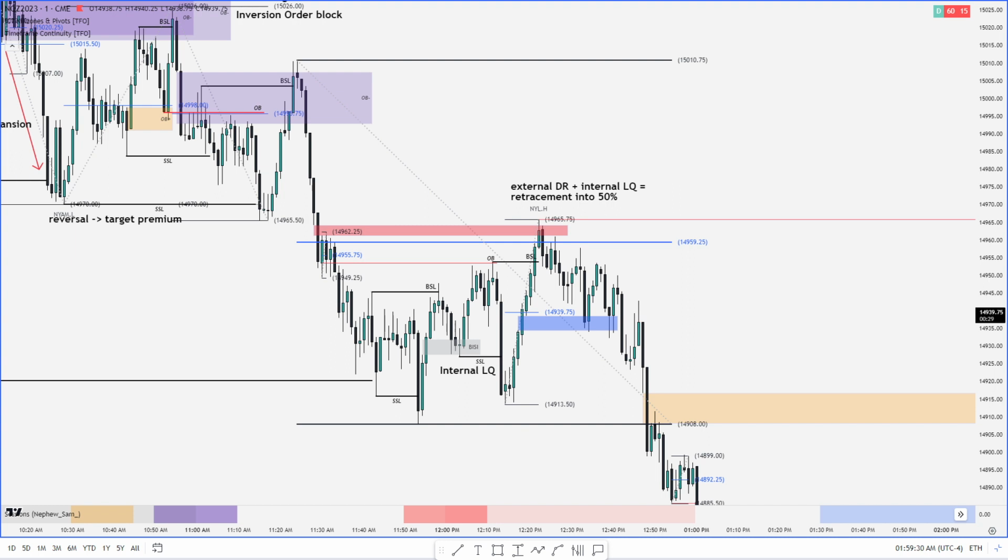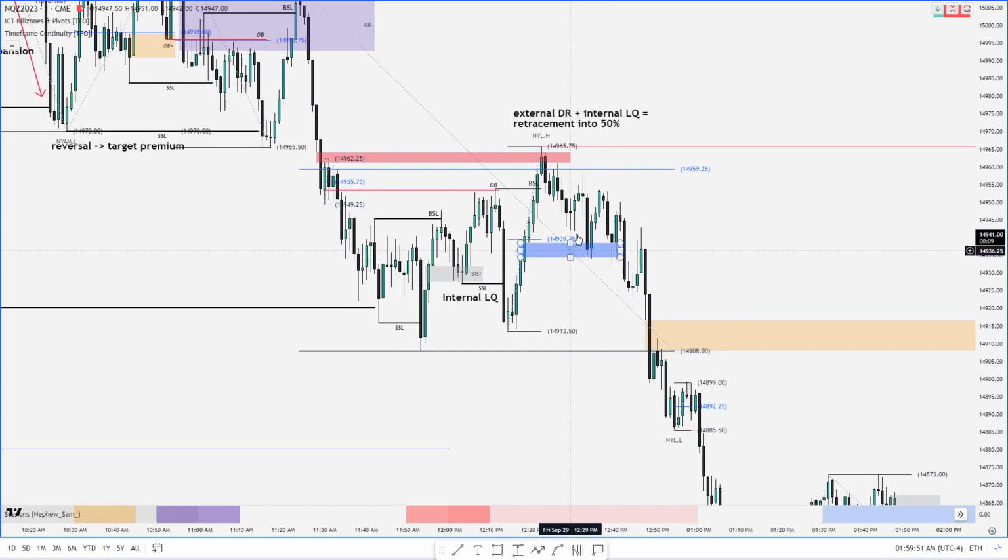Let me look. Yeah, retracement. Then that's an internal range retracement leads to, what does retracement lead to? Expansion. Oh, retracement leads to expansion.